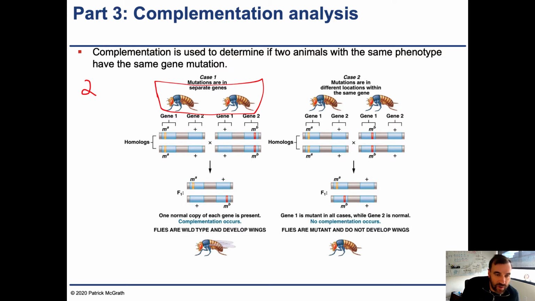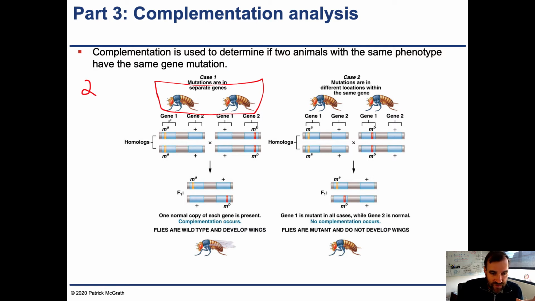Now you want to know, do these flies lack wings because they have mutations in the same gene, or are different genes affected? And so we are distinguishing these two cases. In the first case, the mutants are in different genes, and in the second case, the mutants are in the same gene.